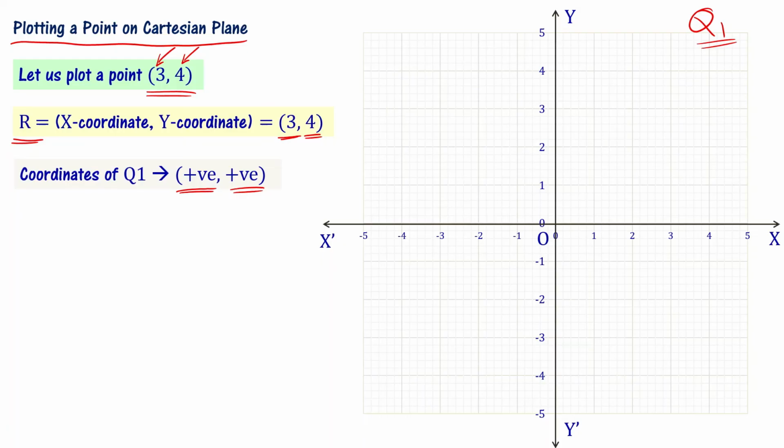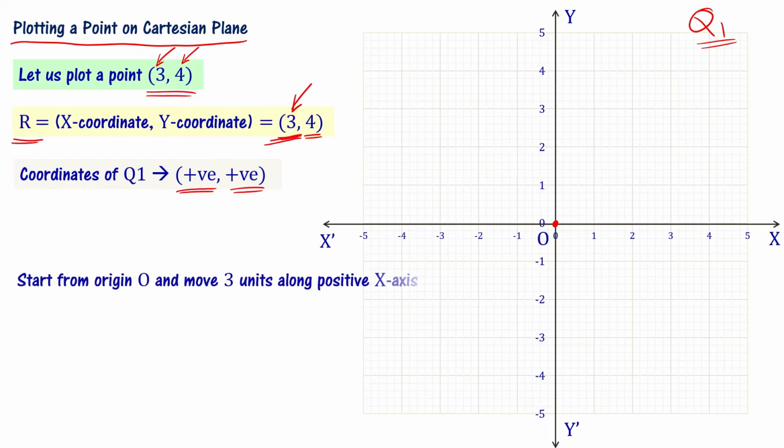To plot it, first, there is the origin, and from O we have to move 3 units along positive x-axis. Move 3 units along positive x-axis, and you got a point, right?